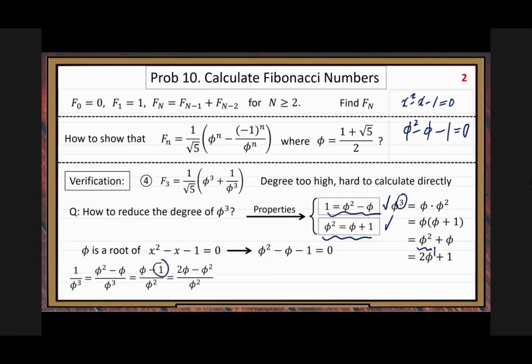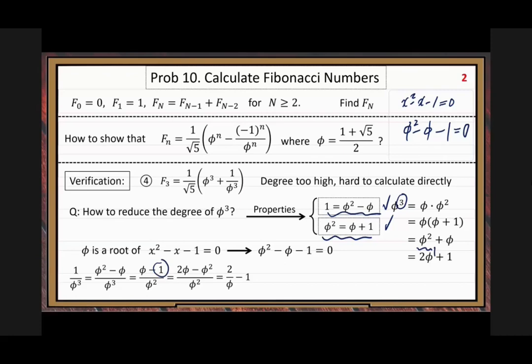After simplification, we get 2 phi minus phi squared, because we can do another cancellation. Common factor phi again, another round of cancellation. After cancellation, you can see the form is pretty simple: 2 over phi minus 1. That should be simple enough.